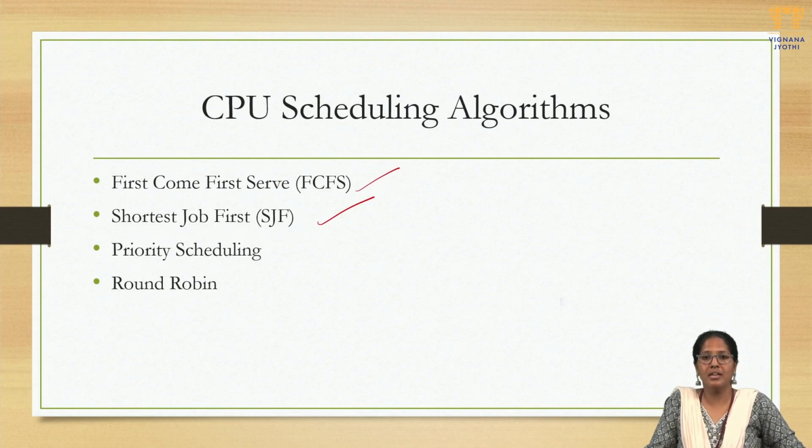Different algorithms make different decisions. Some try to reduce the waiting time, some try to improve the response time, while some try to maintain fairness. In the next video, we will learn how each algorithm works with numerical examples and Gantt charts, and we will also evaluate these CPU scheduling algorithms against each of the criteria.